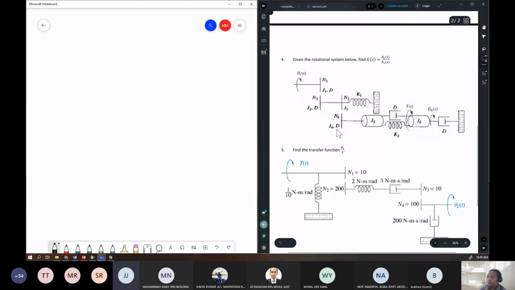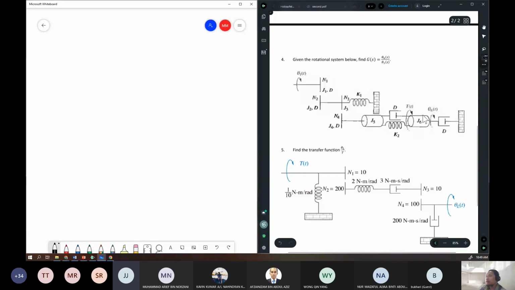And the D's attached to the gears are the friction on the gears. So if you transfer J1, J2, J3, J4 and the D's to this section, so you nak tambah dekat mana? Tambah kat J5 ke? Tambah kat J6 ke? Ataupun semua ni tambah jadi satu J.